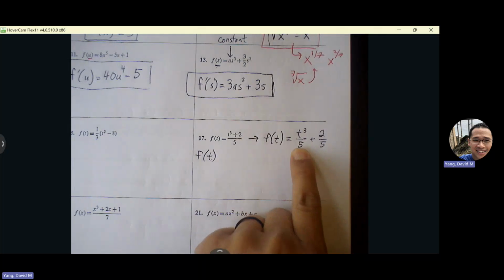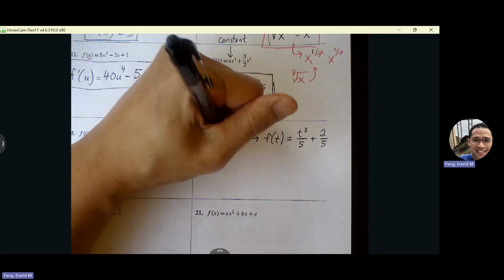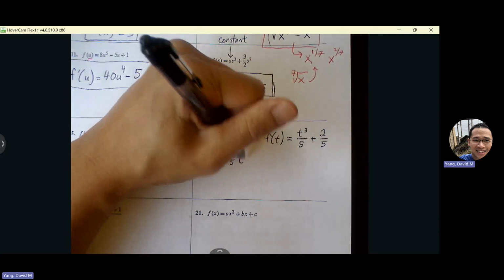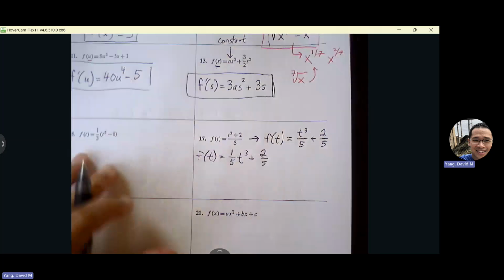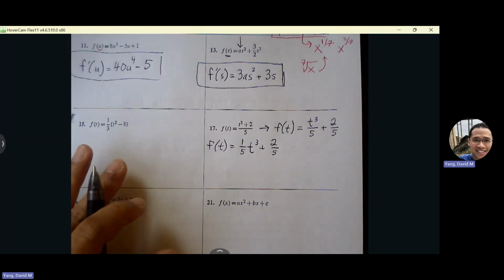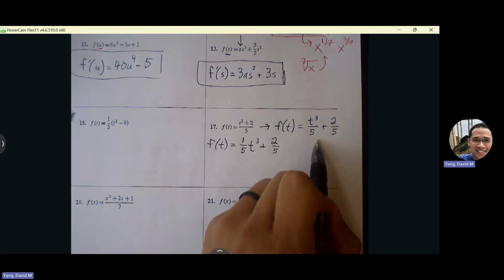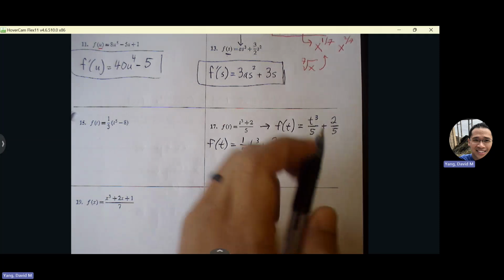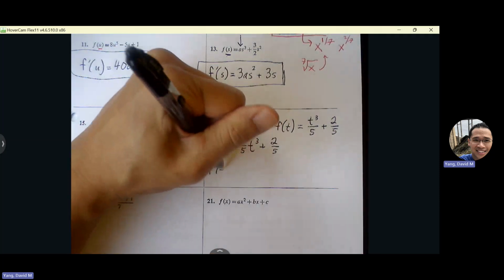Where can we put that 5 so it feels less intimidating with that 5 below the t? 1/5. Make it 1/5 t cubed, and that way it just feels like every other term. It just happens to be some number in front of the variable rather than having to stare at a number below the variable. So now we can find the derivative.